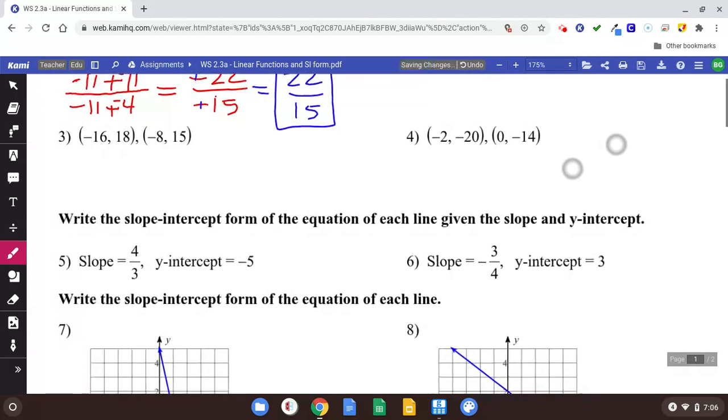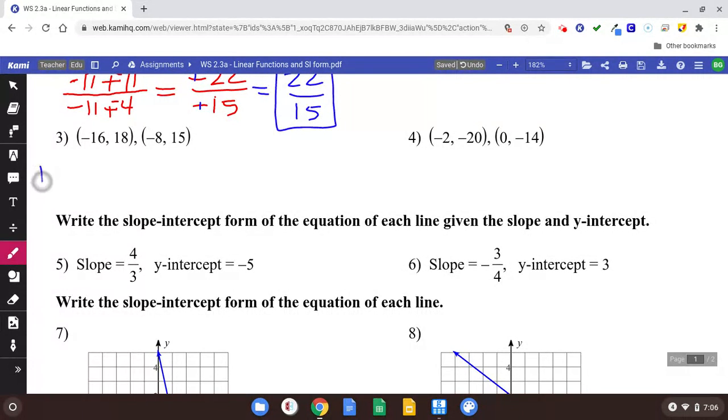So problem 3, do the exact same thing. We want to find the slope. So m equals y2 is 15 minus y1 is 18 over x2 is negative 8 minus x1 is negative 16. 15 minus 18 on the top is negative 3.